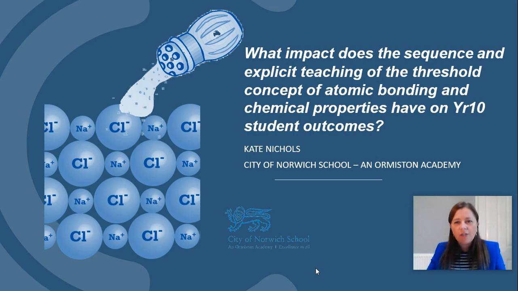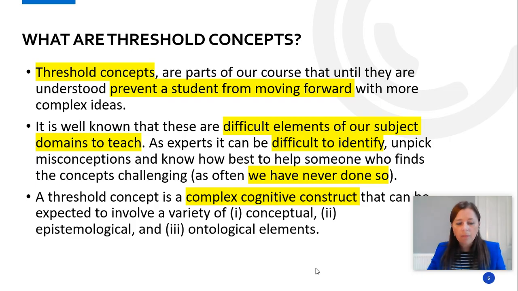So what is a threshold concept? Well, in a nutshell, they are the parts of the course that, until they are understood, prevent student progression. And as experts, we find those difficult to identify because we've rarely struggled, especially at the school level of understanding. We've rarely struggled to grasp that concept within our subjects, hence we've become experts of them.